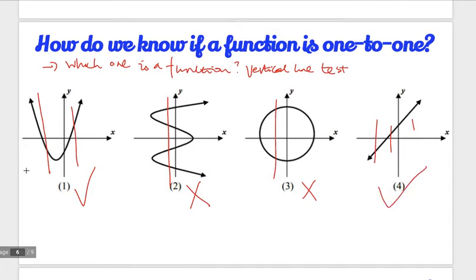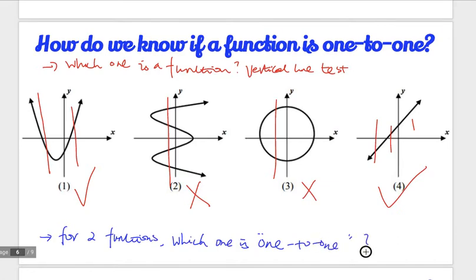Now, since we know 1 and 4 are functions, we're looking at the second step here. For the two functions we have, because we know the rest are not even functions, which one is one-to-one?